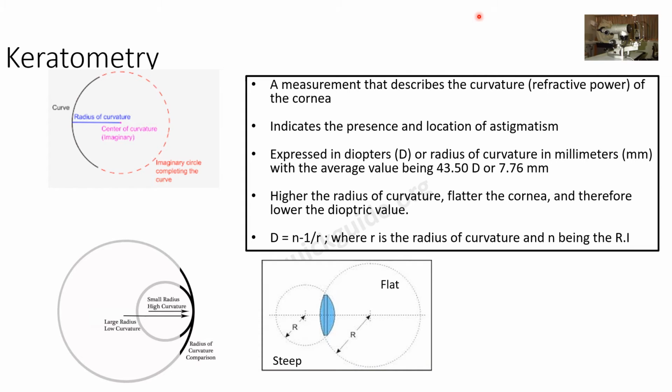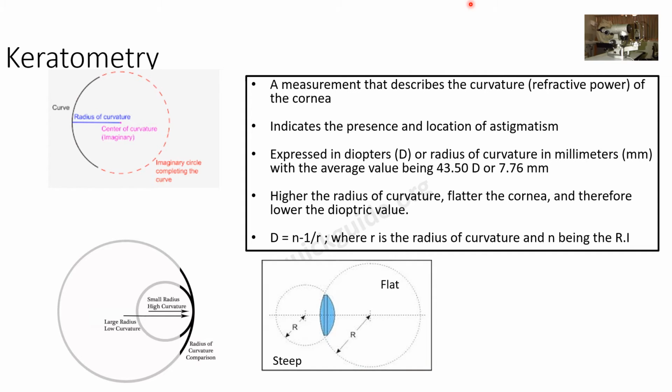Now that we understand the importance of keratometry readings, let us understand what keratometry is in theory. You may have seen the biometry output pages, which show you the corneal reading in diopters. But what is important to understand is that a keratometer does not measure in diopters.